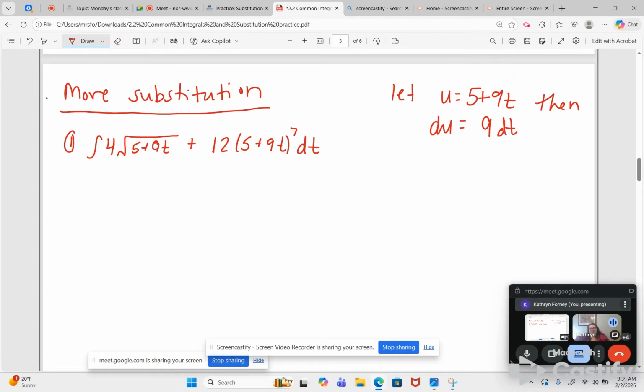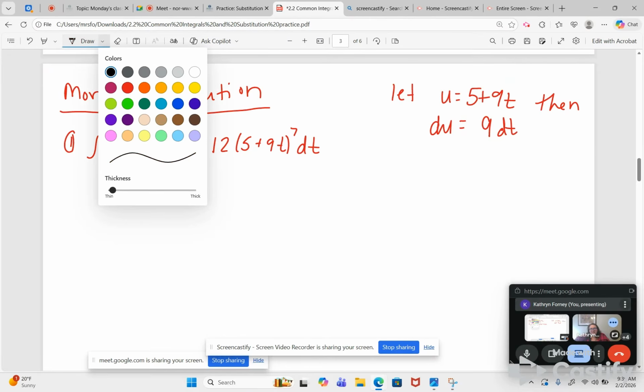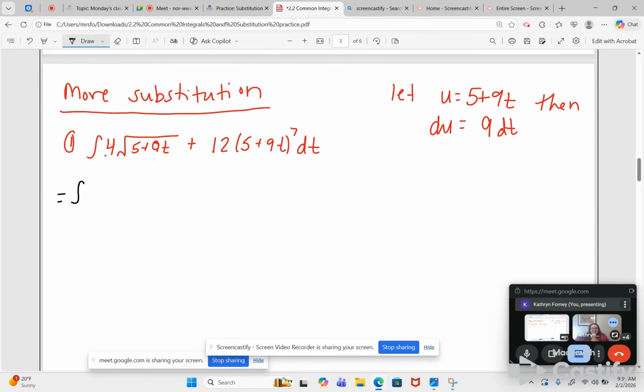Now, with that being the case, I would say this right here is the square root of u. And then we have a 4, but this is a 9. And so the best thing you can do for that is you have to include the 4 and then divide by the 9. All right, and then in this case, there was a 12, and this is a 9.